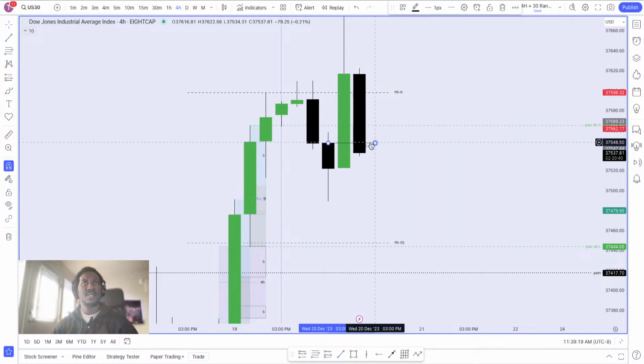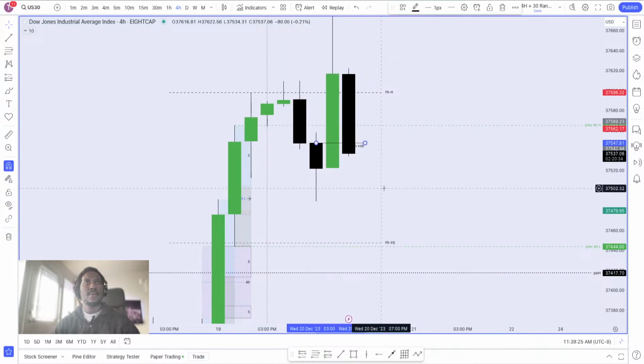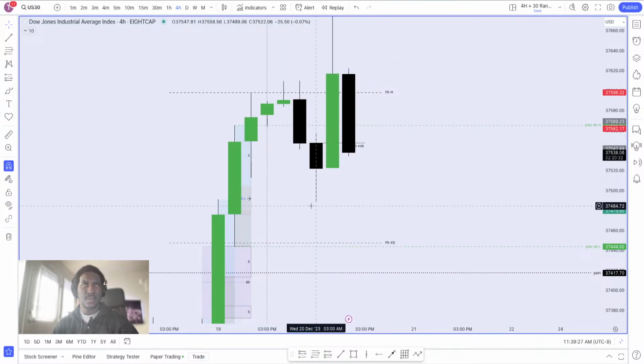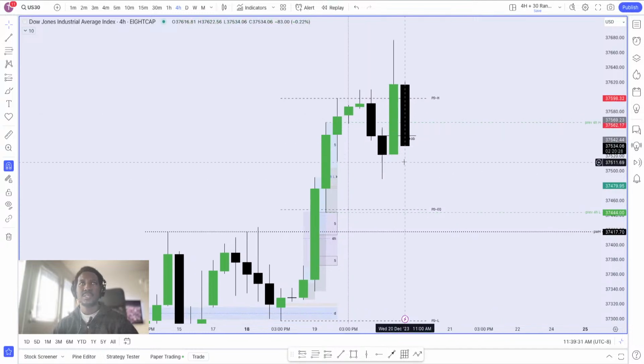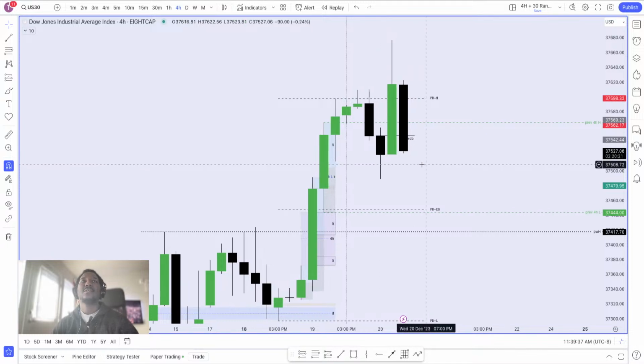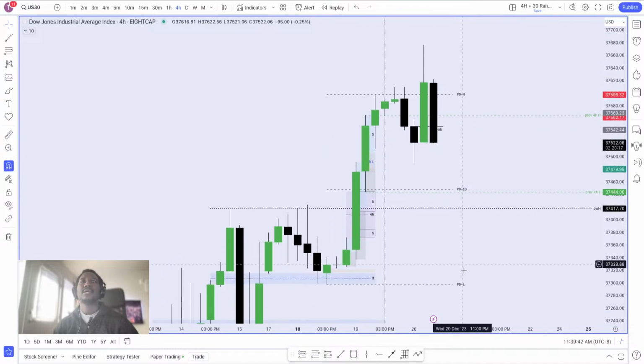That would be a 4-hour order block right there, the open price of this down candle before we go up. So if we close anywhere below this 4-hour candle, that gives us a vibe that we might keep on going down.